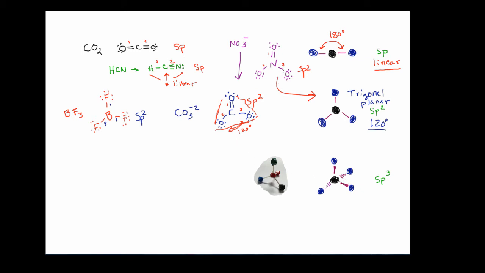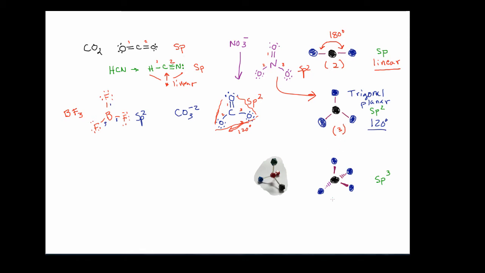Now I want to look at 2 tetrahedral examples. So moving down here to the next one, here's where we have 4 things. Let's just quickly review. At the top, we're dealing with a central atom that has only 2 other things bonded to it. Then we move down to the trigonal planar situations that are sp2, and notice that we only have 3 things bonded.